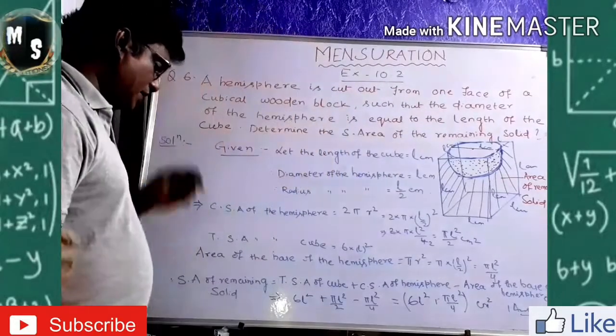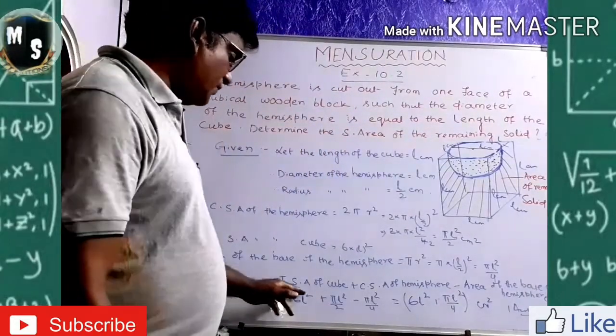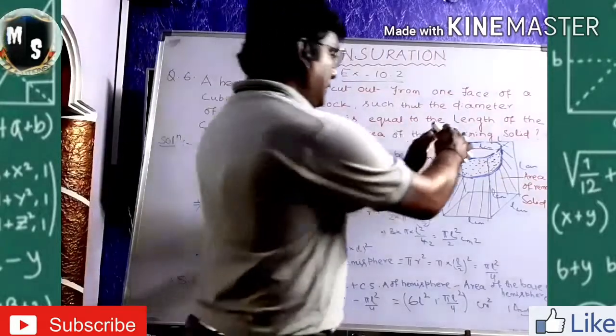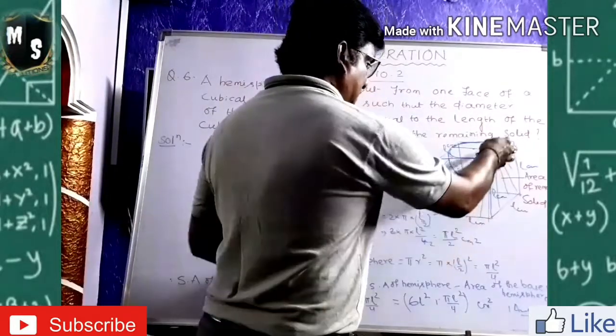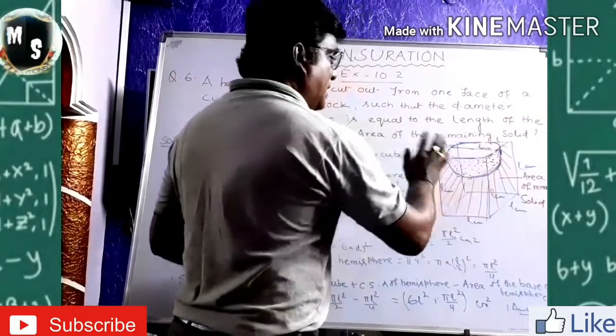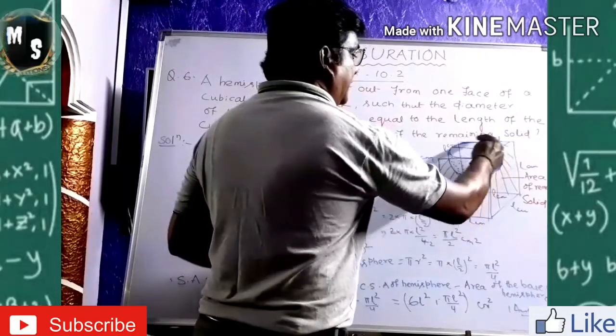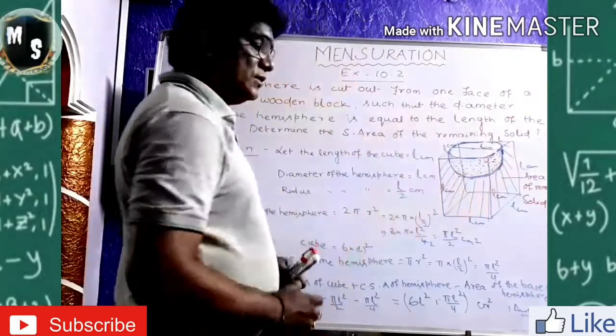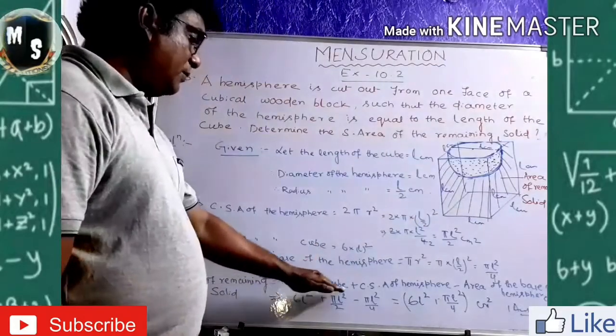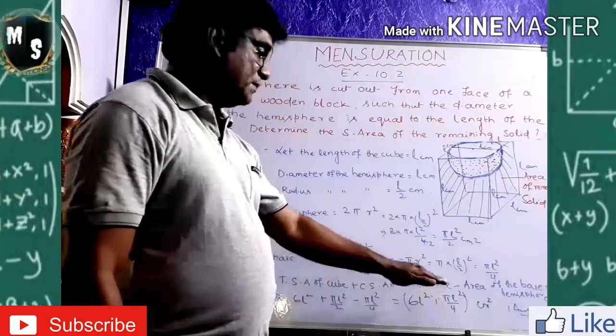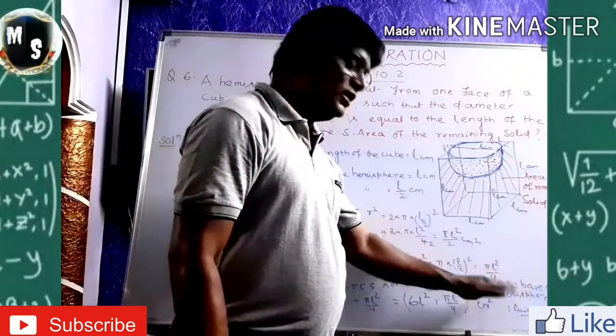Now the surface area of the remaining solid is TSA of the cube, whole total TSA of the cube, plus CSA of the hemisphere minus the base area of the hemisphere.